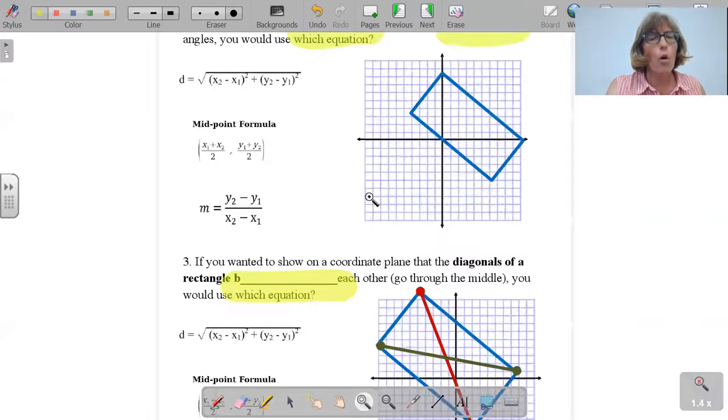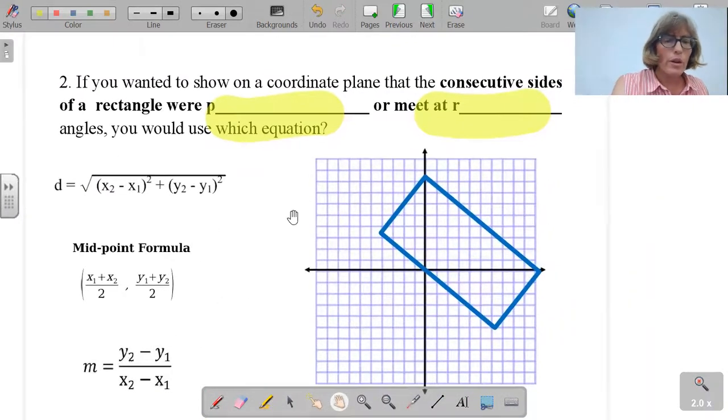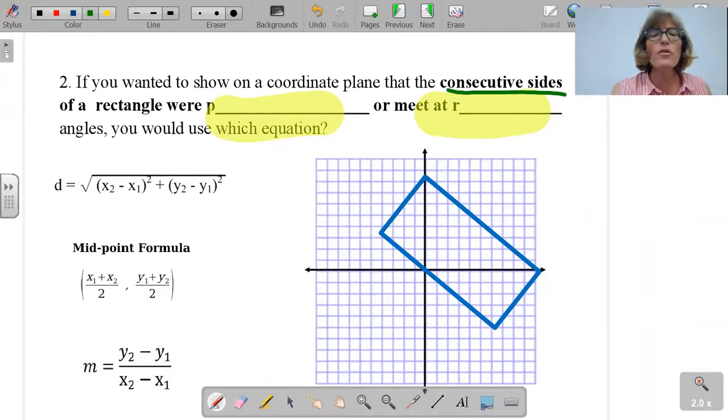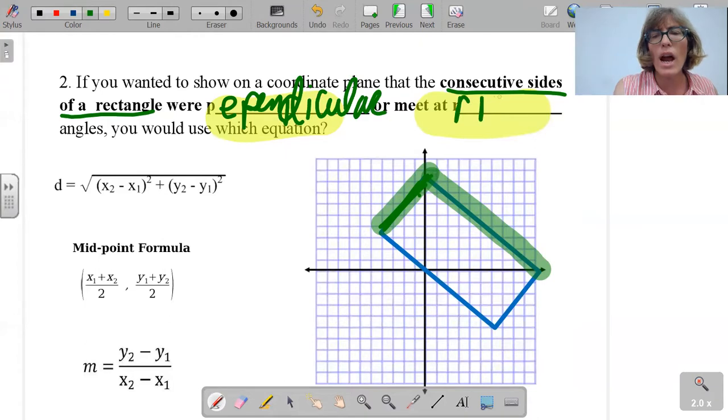Welcome back. Hopefully you actually followed my directions and you tried this first on your own. Says right here, if I wanted to show on a coordinate plane that consecutive sides of a rectangle, that means sides right next to each other, consecutive sides were perpendicular or meet at right angles, what would you use to prove that there's a right angle there?